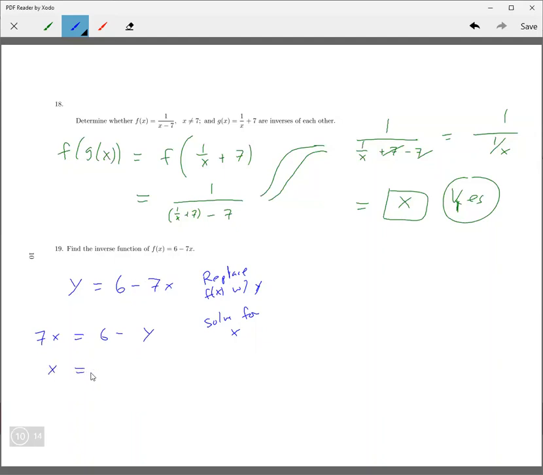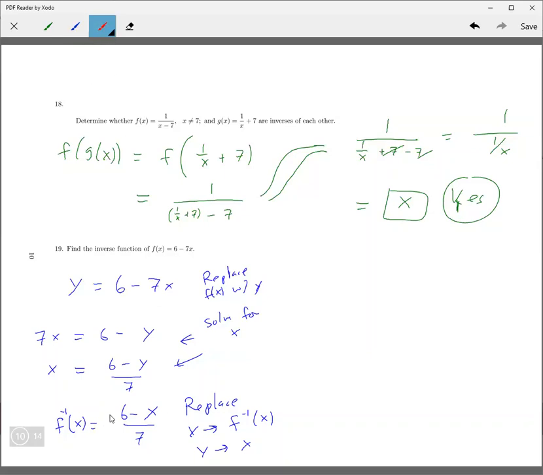Divide everything by 7. That's all over 7. Okay, so that's this part here, and then finally replace the x with f inverse of x, and replace the y with an x, and there you go. Okay, so that's going to be the answer right there.